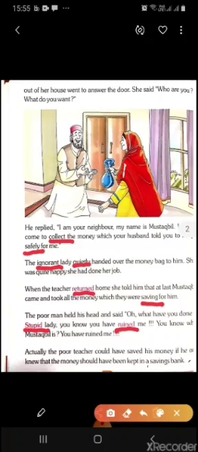Ruined means to destroy or damage or exploit him. You know who Mustaqbil is. You have ruined me. Next word is actually.